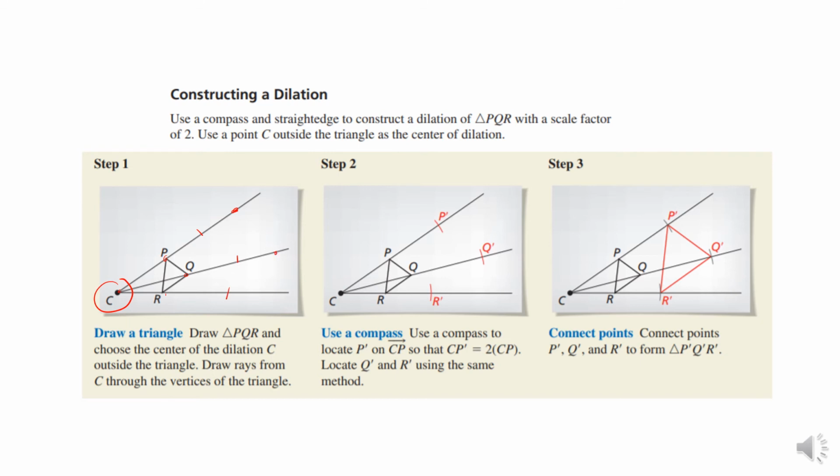That would create your triangle P prime, Q prime, R prime. Notice that when they pick this point, since you're constructing it, they make an arc here. Then they go from Q and make the same arc, and from R and make the arc. So they're making this distance the same for each of these. And then you connect them, like I showed.